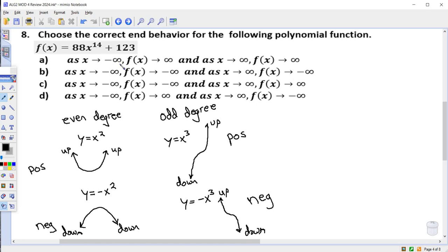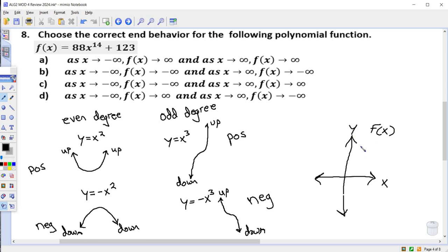So let's read how this is read over here. These arrows are read as approaches. So we read this, it says, as x approaches negative infinity, think about our graph. Here's our x-axis, and here's our y, or you could say f of x.